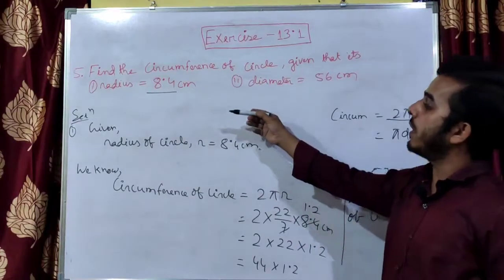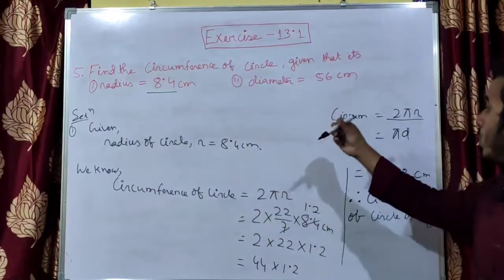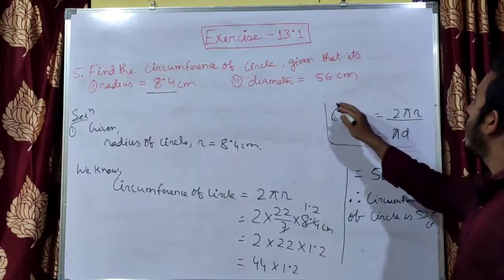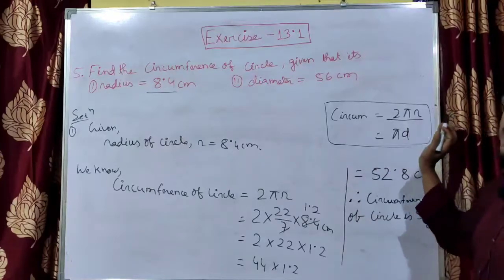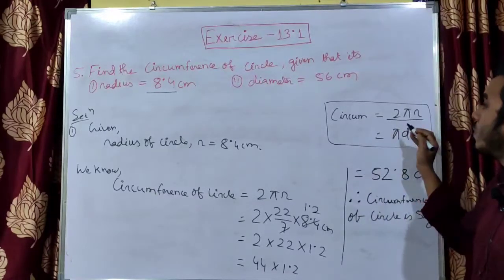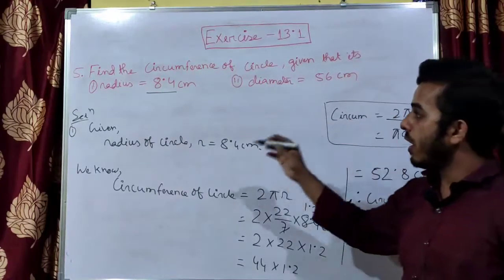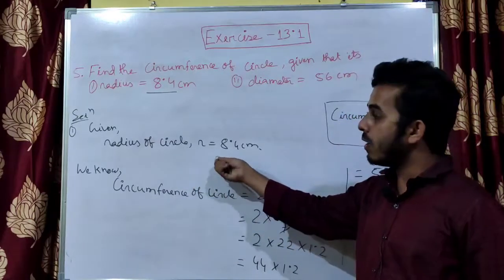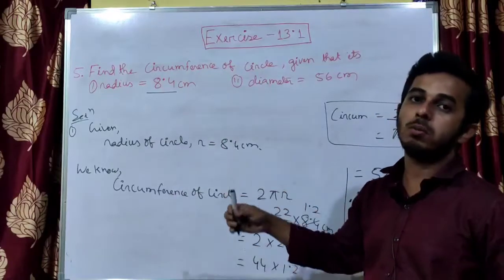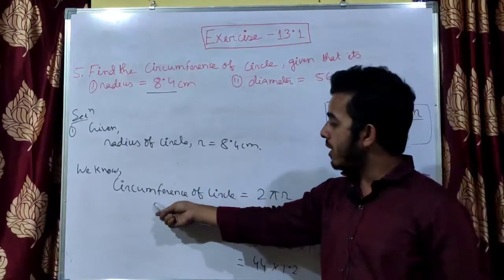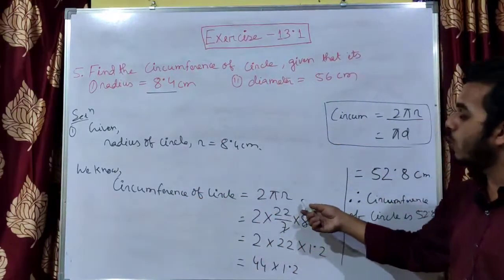So let us recall it again. Here radius is given and we have to find circumference, and we know the formula of circumference is one is 2 pi r, another is pi d. If there is radius given, we will use this formula. So radius of circle r equal to 8.4 centimeter. We have to find circumference, and circumference of circle equals 2 pi r.